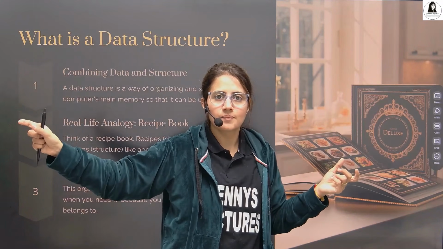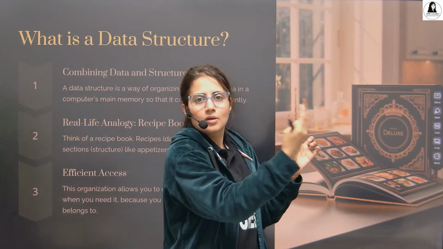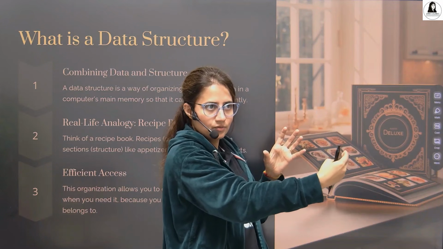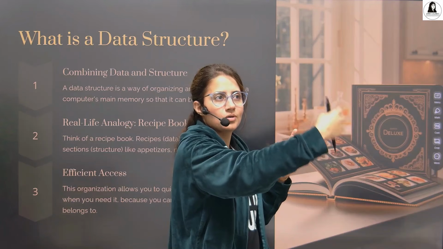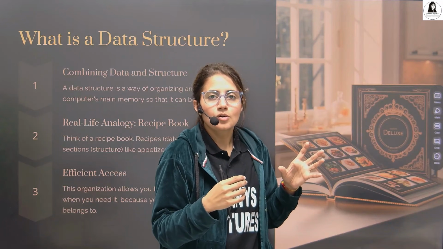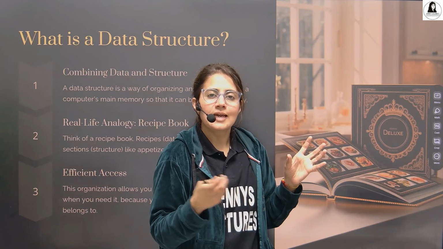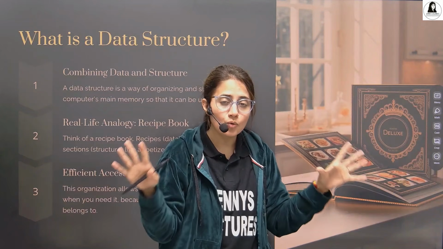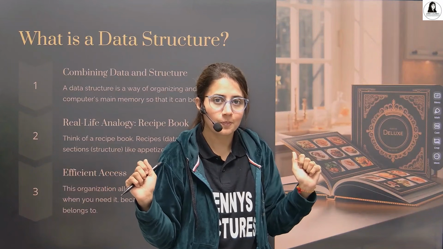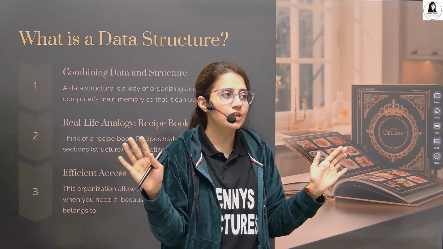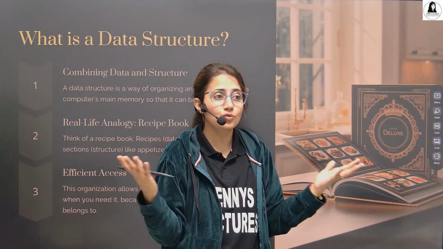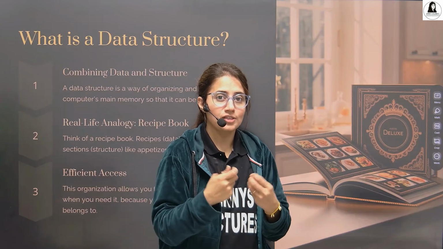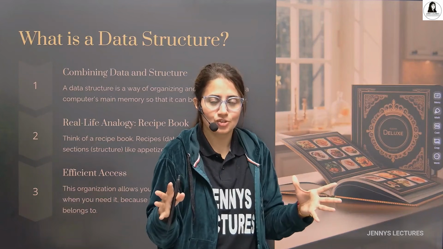Within computer science there may be different shelves, like first semester books, second semester books, or Java books. So if a computer science student comes, he can directly go to that section and find the book easily. If not organized, it will take longer to find a book. That's why we need organization of data, and that's why we need data structures.